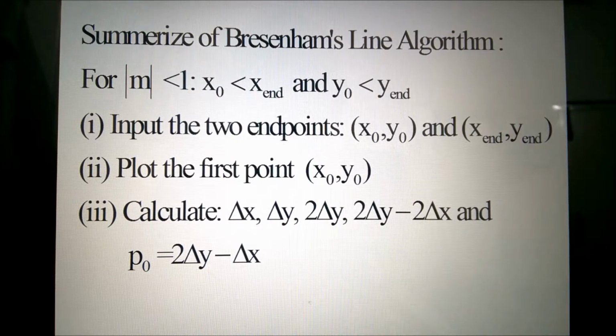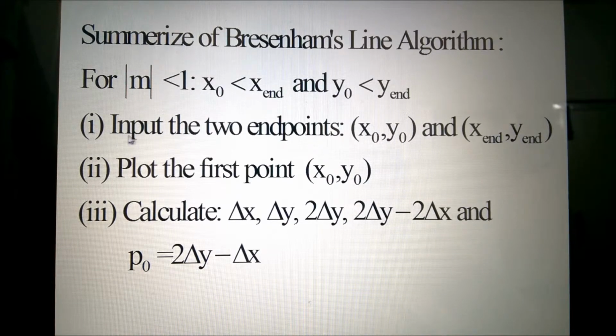Now we'll summarize different possibilities of Bresenham's line drawing algorithm. First we'll take the case where the slope is less than 1, and the ending coordinate of x is greater than the starting coordinate. Here you can see, and exactly similar for the y coordinate also.